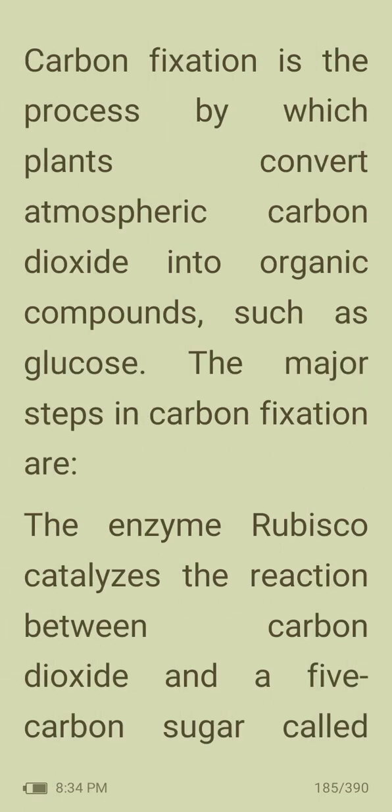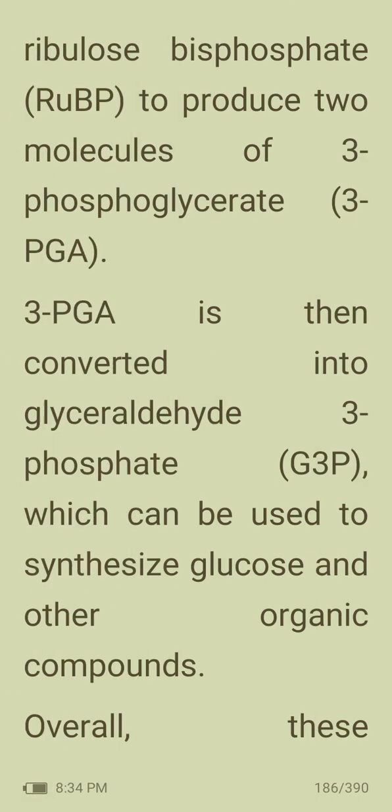Then carbon fixation. Carbon fixation is a process by which plants convert atmospheric carbon dioxide into organic compounds such as glucose. The major steps in carbon fixation are: the enzyme Rubisco catalyzes the reaction between carbon dioxide and a 5-carbon sugar called ribulose bisphosphate (RuBP) to produce two molecules of 3-phosphoglycerate (3-PGA). 3-PGA is then converted into glyceraldehyde 3-phosphate (G3P), which can be used to synthesize glucose and other organic compounds.